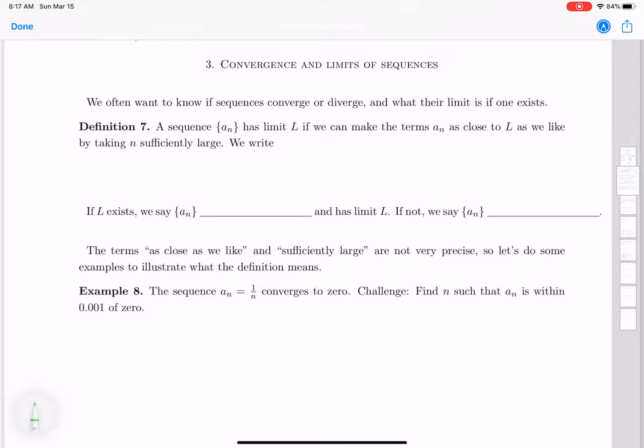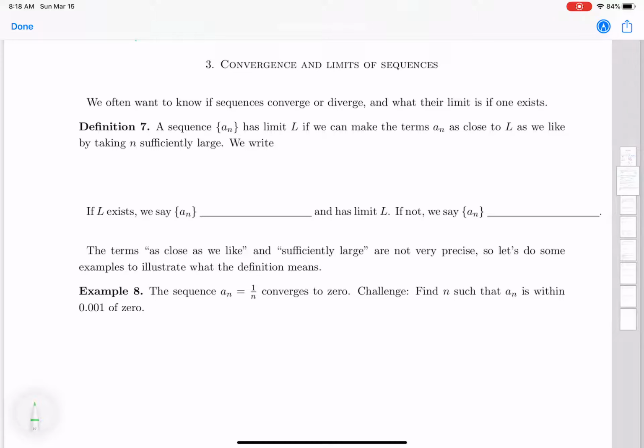So we're going to talk a little bit about convergence and limits of sequences, and then I'll end this particular video. We often want to know if a sequence will converge or diverge, and what their limit is if one exists. So we want to know if this sequence is going towards something.